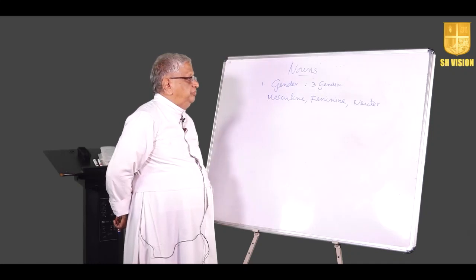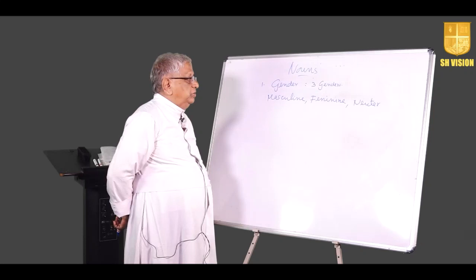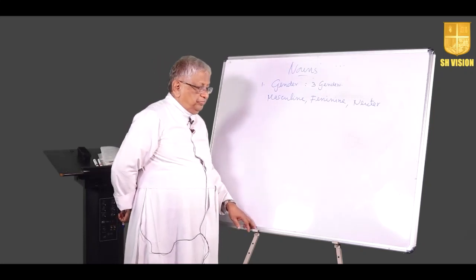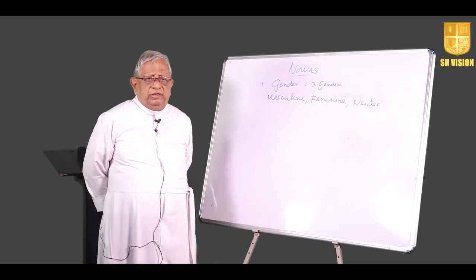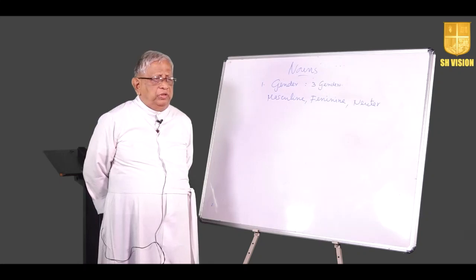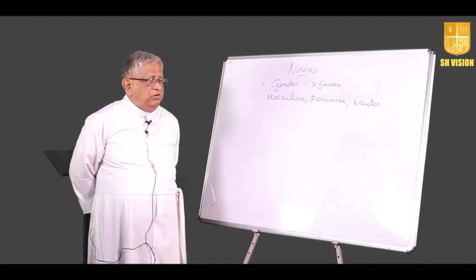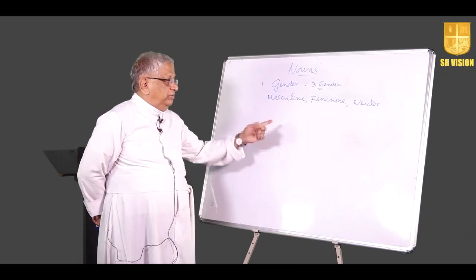For example, the window, that is a neutral noun. So there are some evident words where you know where they belong. But there are a lot of other nouns which cannot be categorized evidently.